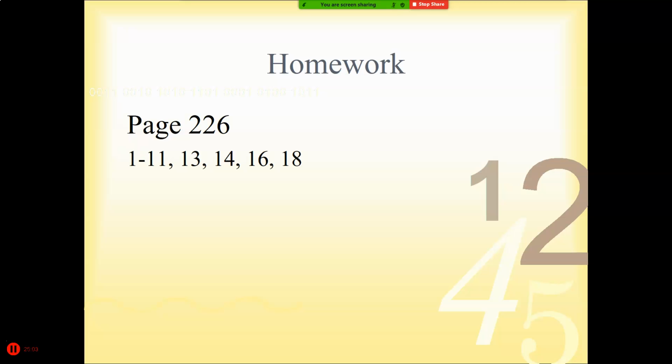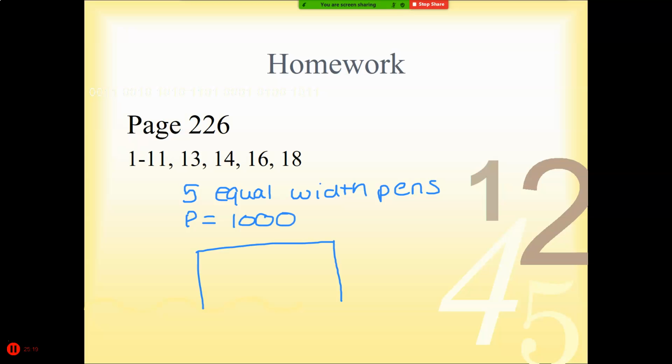So let's say I want to create 5 equal width pens, and I'm given like a full perimeter of, let's say, 1,000, then your drawing and your diagram, you need to consider 1, 2, 3, 4, 5, that you need 5 pens. Obviously, those are not perfectly even, but you need to consider that part of the perimeter is going to be used in these regions here.